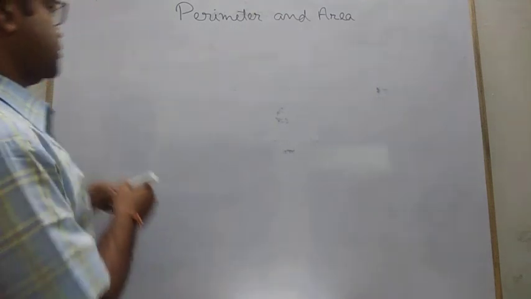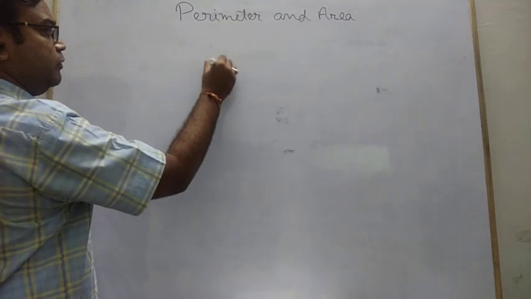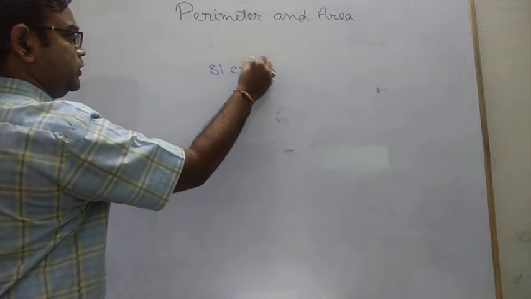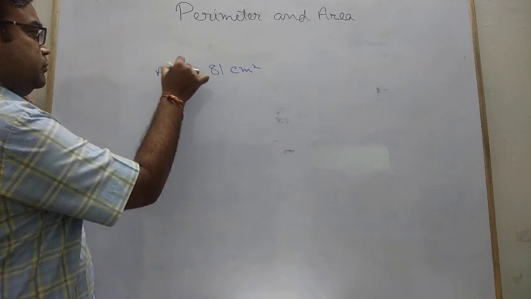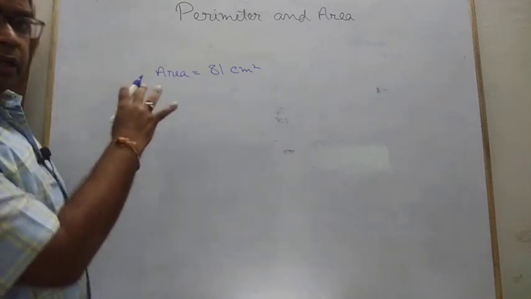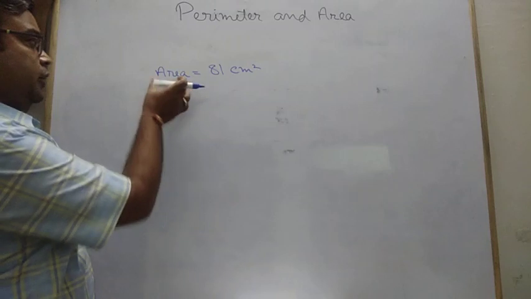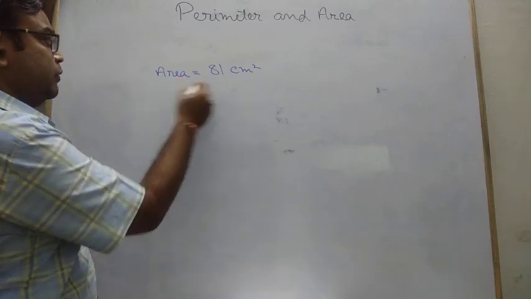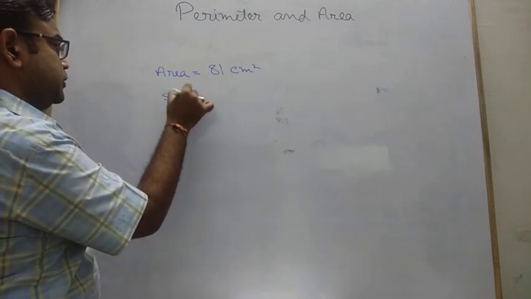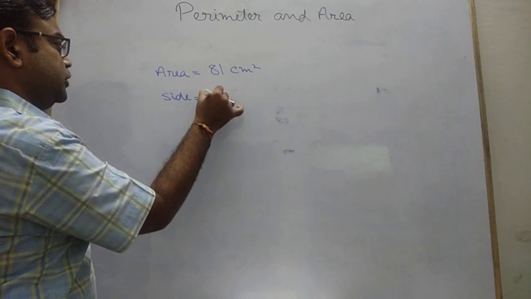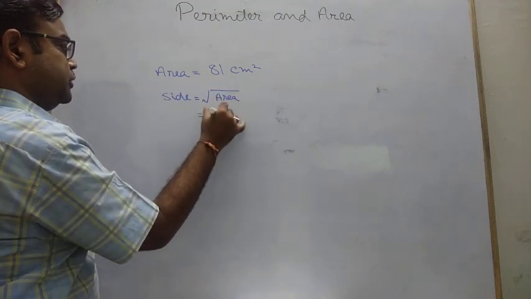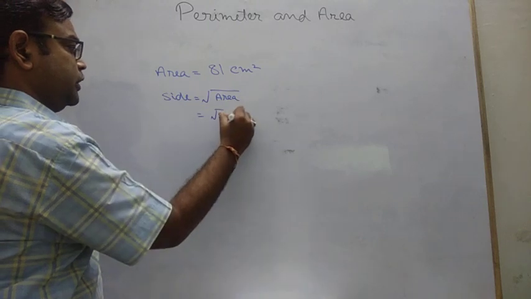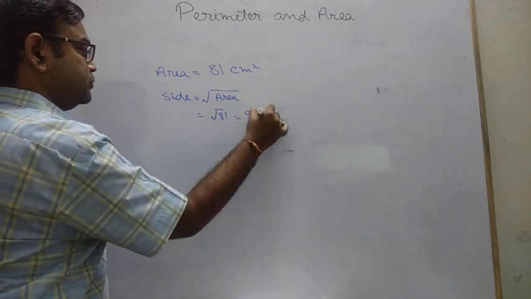Let me discuss. Suppose area of a square is given to you, 81 centimeter square. Clear? Question says find the perimeter. Area is given. Now from this we can find out the side. Side equals to under root area, as we know. So in this case under root 81, that is your 9 centimeter.